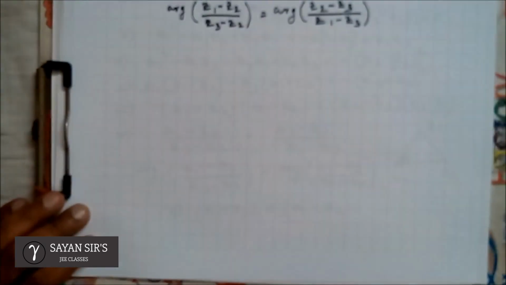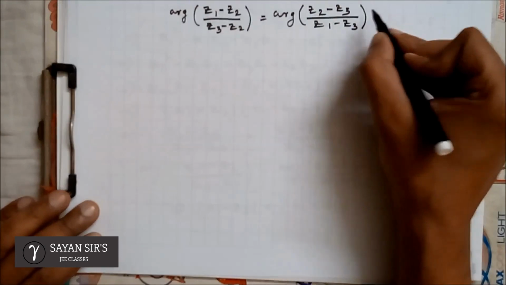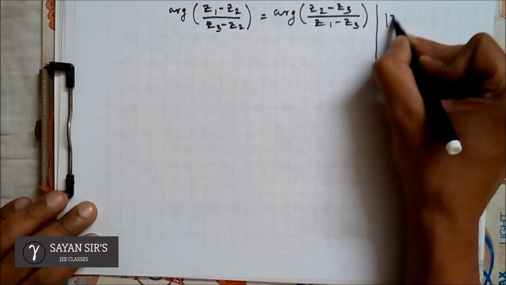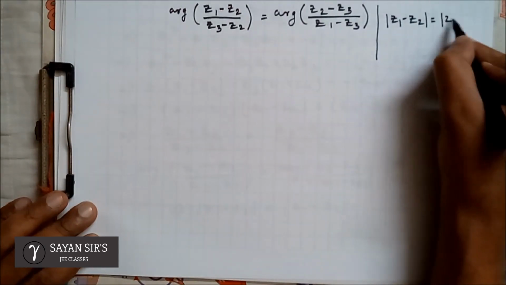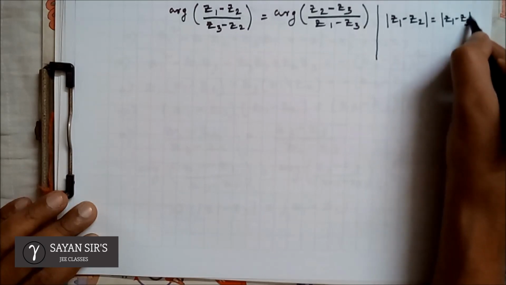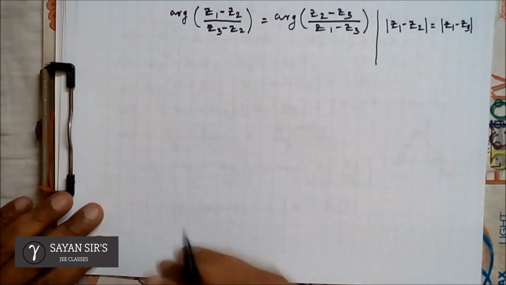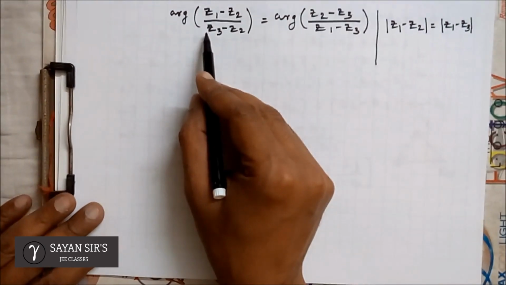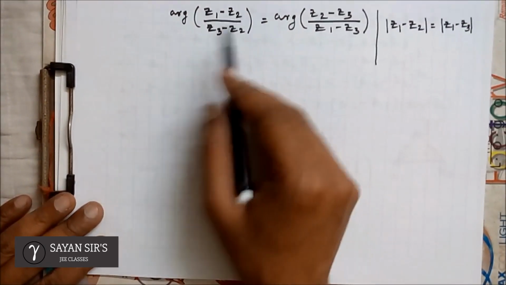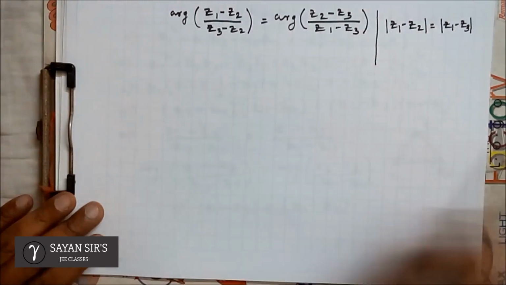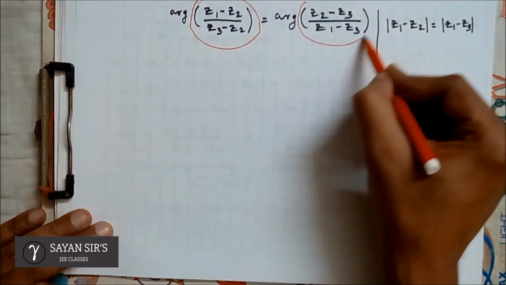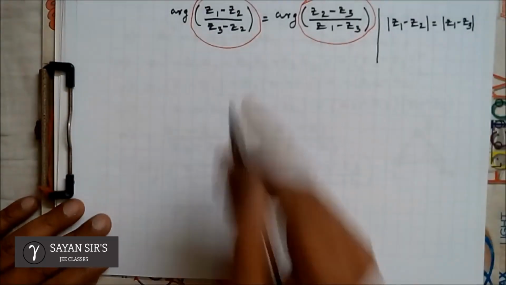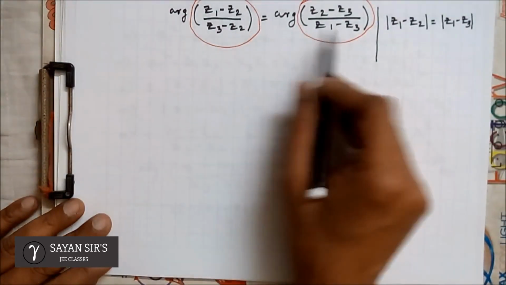From there we got another result, and that result was mod of z1 minus z2 equals the mod of z1 minus z3. But for now we'll use this. And why were these arguments equal? These arguments were equal because these complex numbers themselves were equal. So this and this are equal. So because these complex numbers are equal, their moduli are also equal.